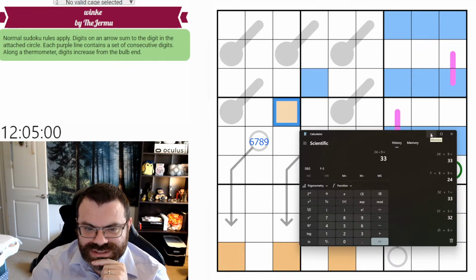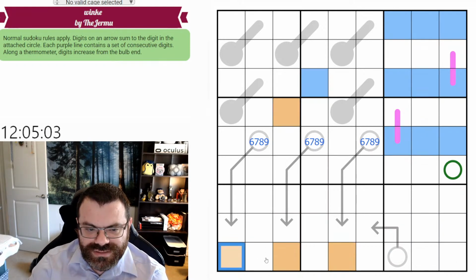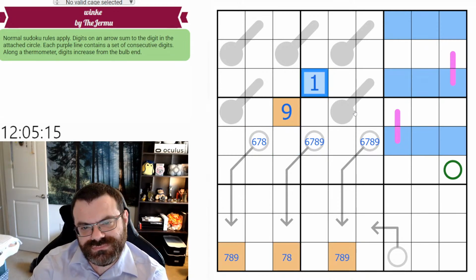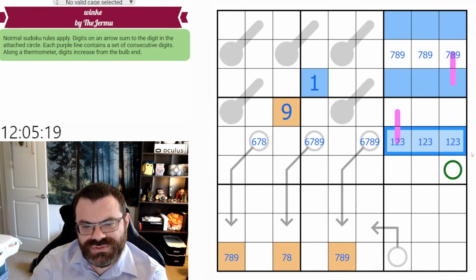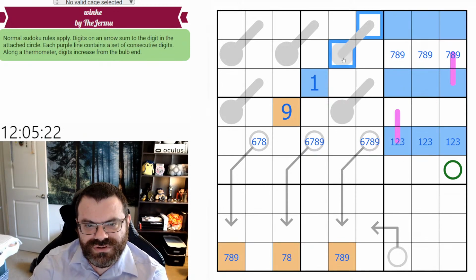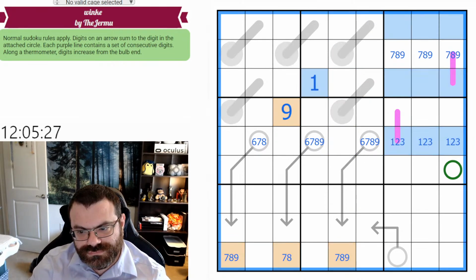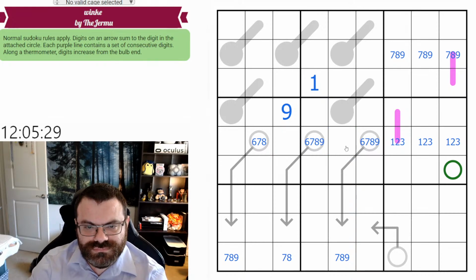Okay, so what we've proven here is exactly what I just said. So this is 7, 8, 9. This is a 9, so these are not 9s. And then this is a 1. This is a 7, 8, 9. This is a 1, 2, 3. And the thermos are consecutive. So that means this has to be 7, 6, so that just doesn't work.